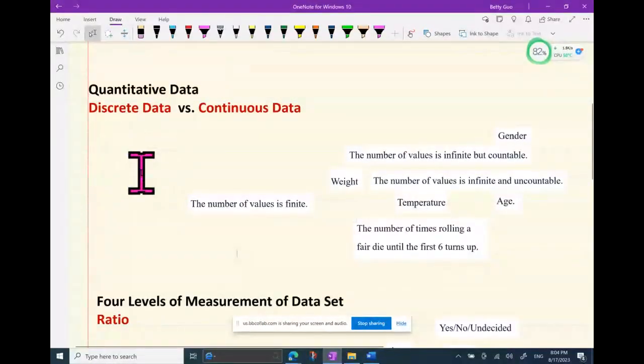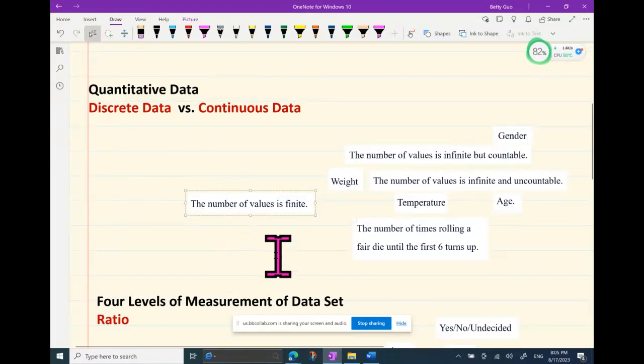For example, I'm collecting the age of the students in my class. I use a capital X to represent the age of my students in my class. So how many possible values for X? I think probably a finite number, right? Especially since you guys are all pretty young.